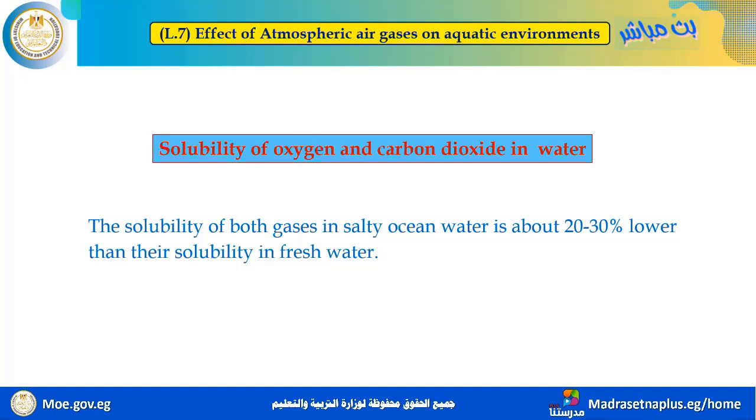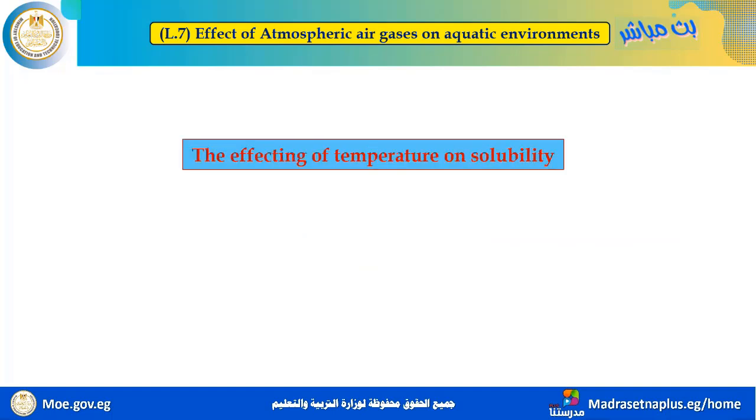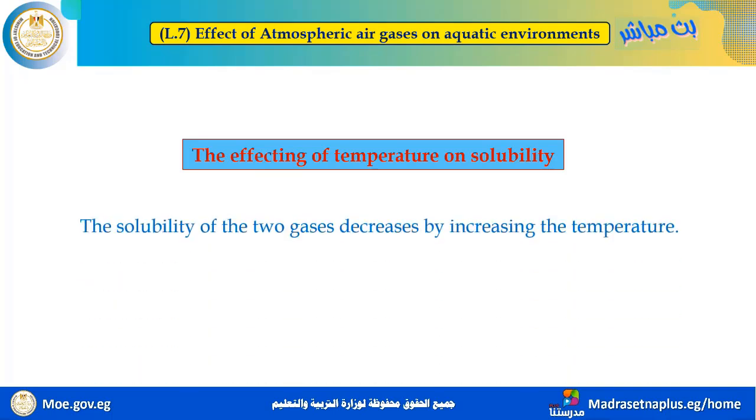Now let's go to the factors affecting the solubility. Let's start with the effect of temperature on the solubility, as we mentioned before when we talked about the three factors. Really, the solubility of the two gases, whether carbon dioxide or oxygen, decreases by increasing the temperature.